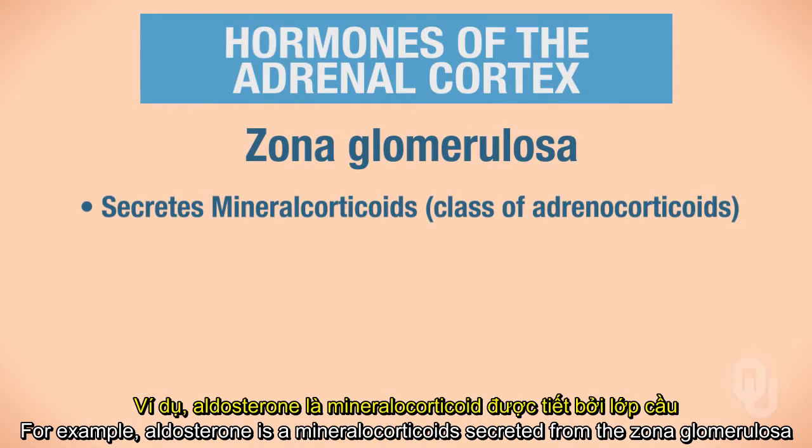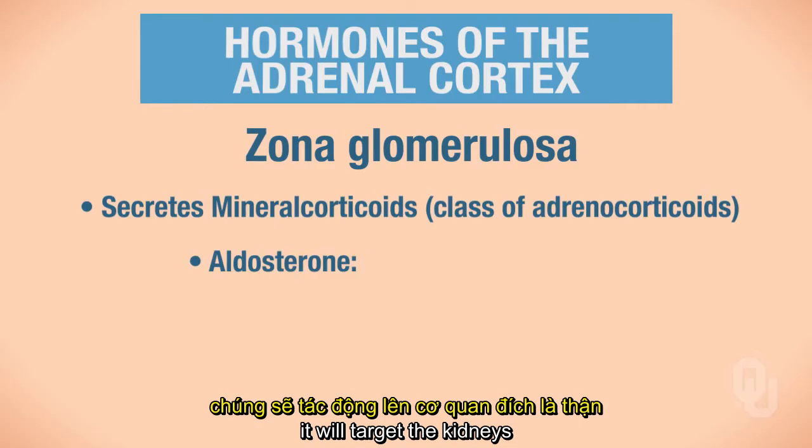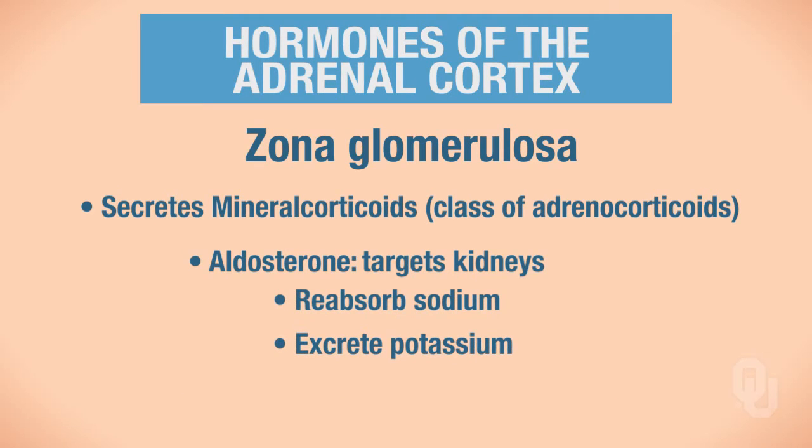For example, aldosterone is a mineralocorticoid secreted from the zona glomerulosa. When aldosterone is synthesized and secreted, it will target the kidneys. And when it targets the kidneys, it tells the kidneys to reabsorb sodium and to excrete potassium.